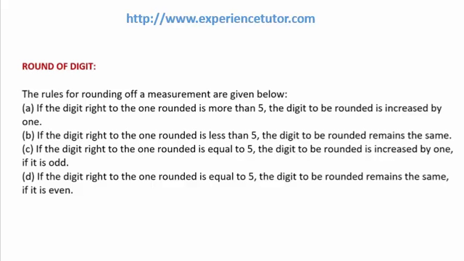If the digit to the right is equal to 5, the digit to be rounded is increased by 1 if it is odd. If the digit to the right is equal to 5, the digit to be rounded remains the same if it is even.